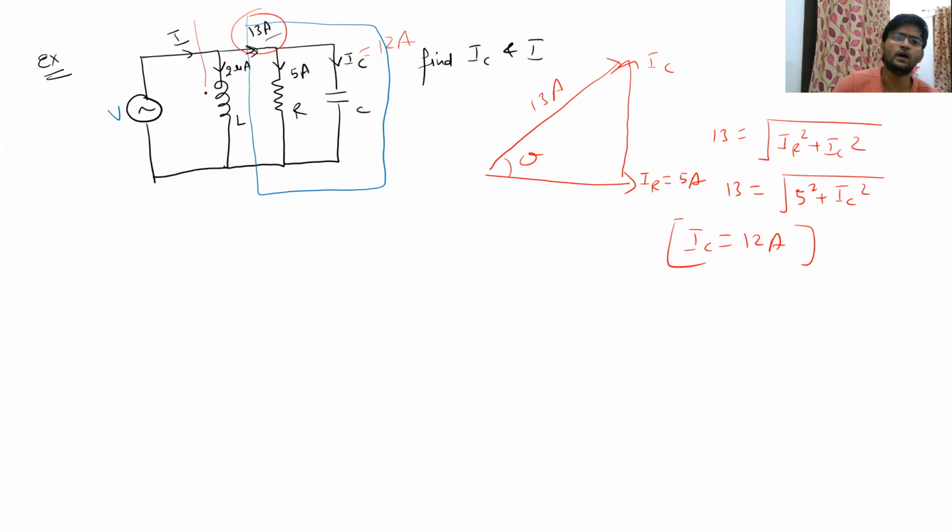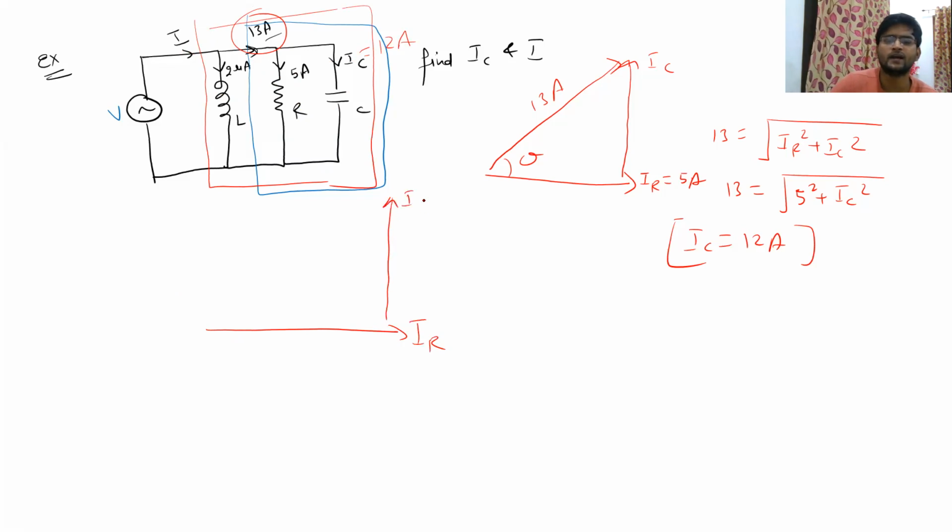So for the whole RLC parallel circuit, we saw the phasor diagram as this. IR, this will be IC, this is going to be IL.